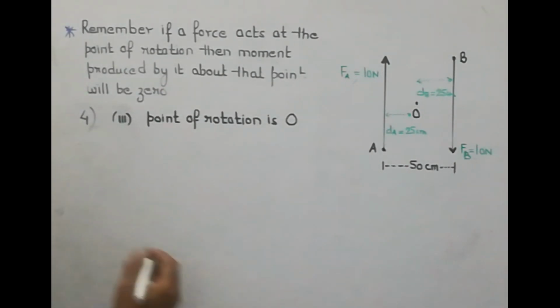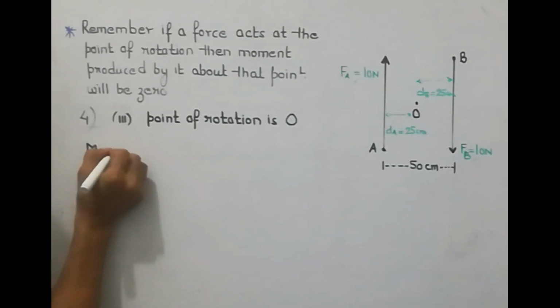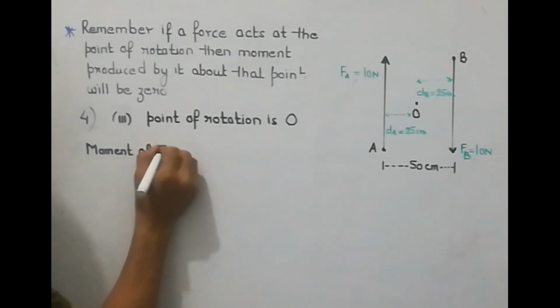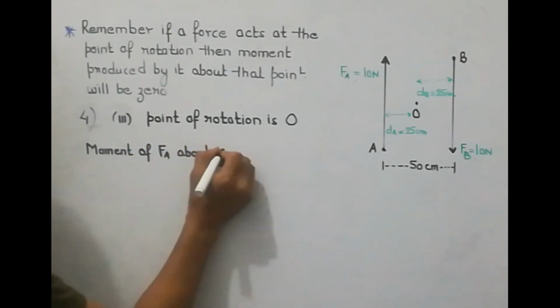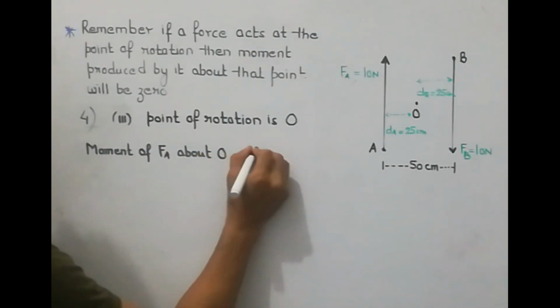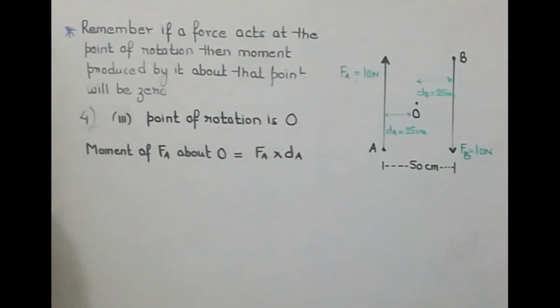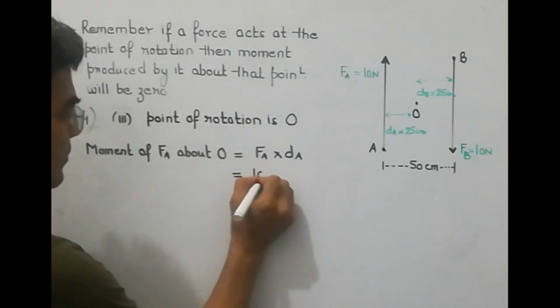So let's calculate moment of FA about O. It will be force and its distance from, now this is the point of rotation. O is the point of rotation in this question, in this part. Okay. Now how much is FA? 10.